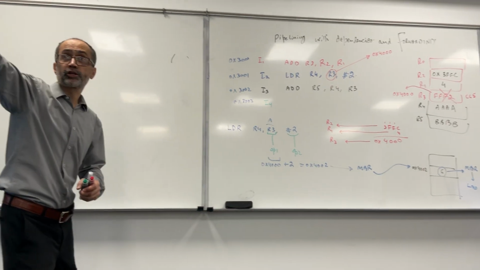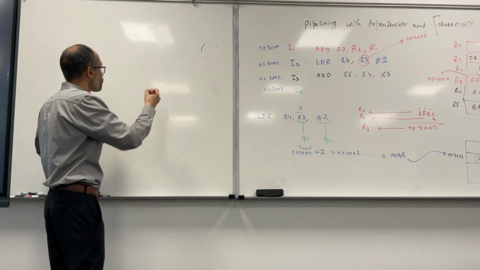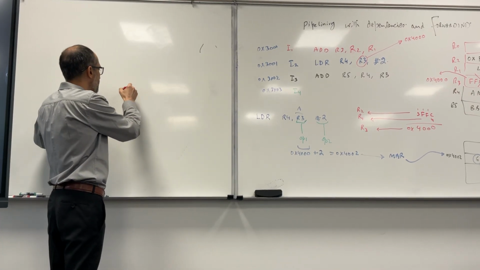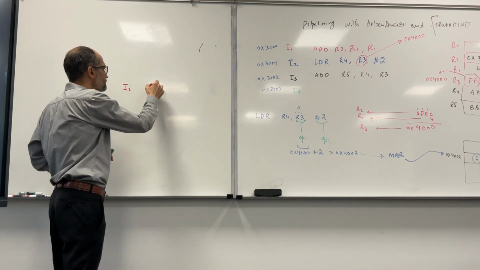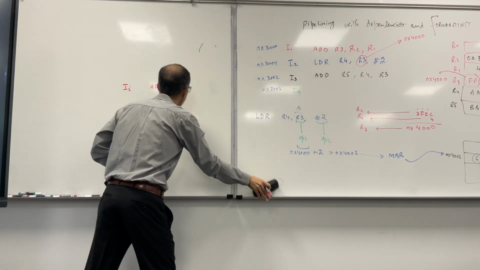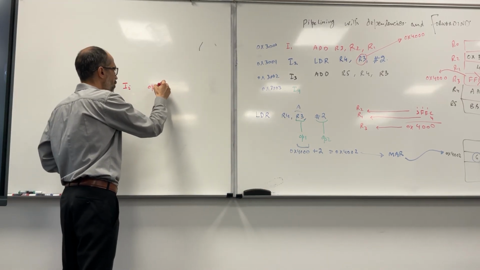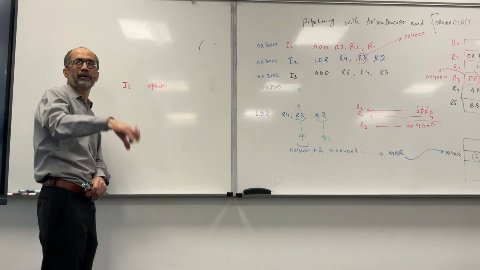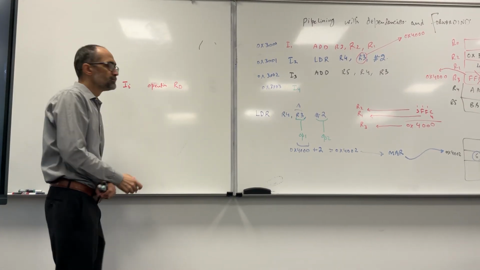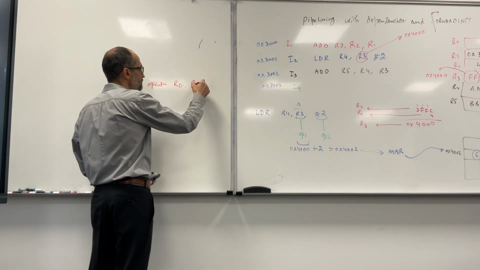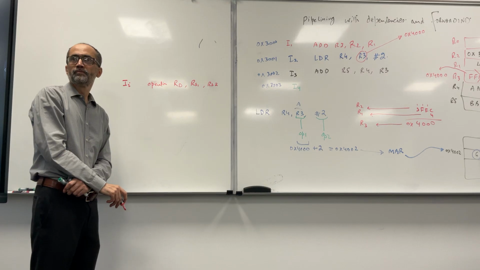So let's assume we have two instructions, and now I am going to generalize it. Assume we have any instruction I. It can be add, subtract, any operation. We have RD, and then we have RS1 and RS2. Clear?